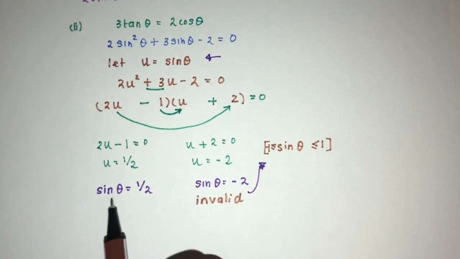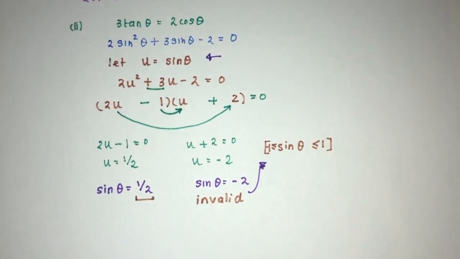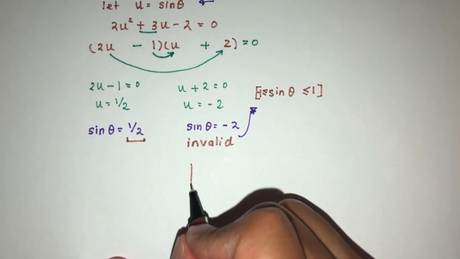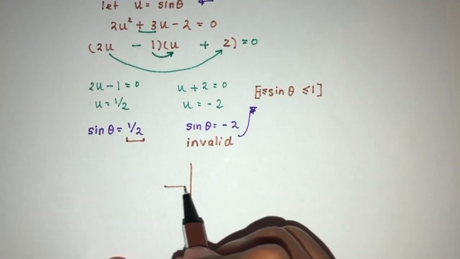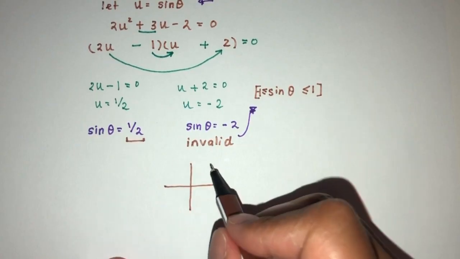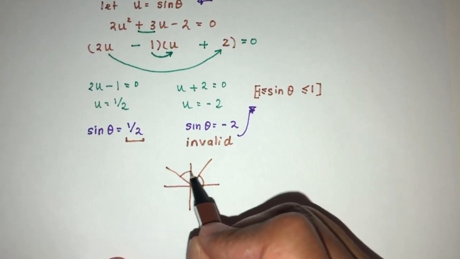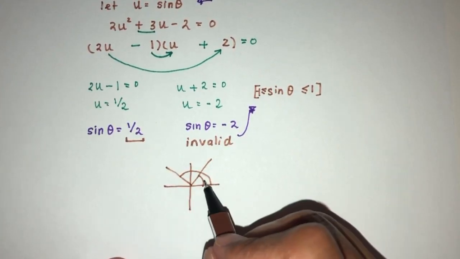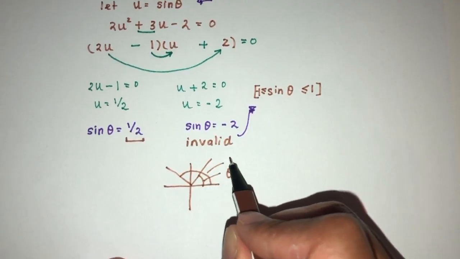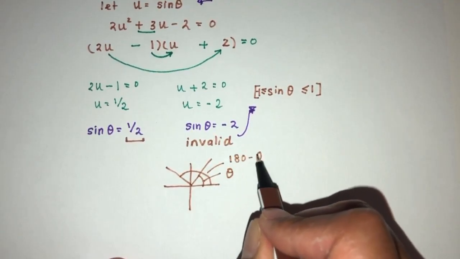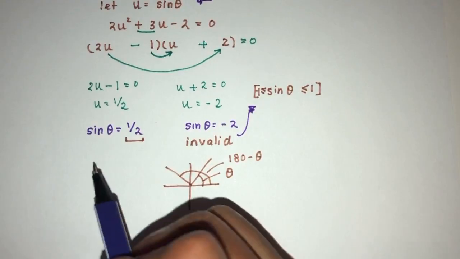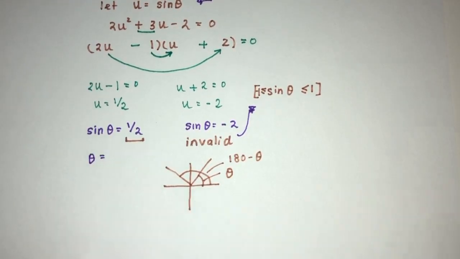Now as you can see, sine theta is positive, which is plus half. It should be what? It should be, as we know, we use the quadrants here. That will be A, S, T, C. It should be in the first quadrant and in the second quadrant because it is A here and S here. So this is just the angle directly, and this will be 180 minus the angle. So theta here will be what? Sine inverse of half.